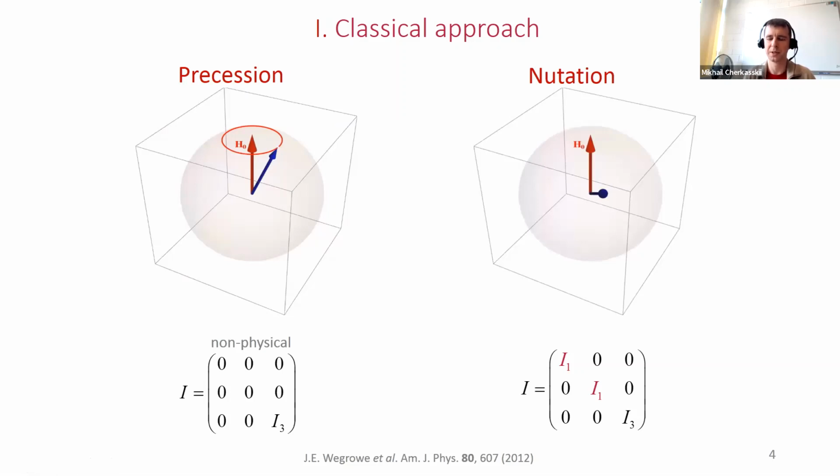Now this is the physical tensor of inertia of a rigid body. It leads to an additional motion of the magnetization, which is shown here. This motion is called nutation.